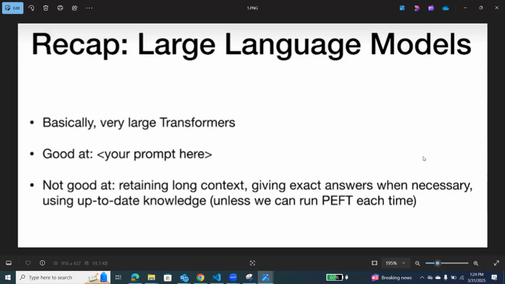But maybe it's not a good idea to tokenize a huge textbook and use this as a prompt. And maybe you want to find information from multiple textbooks.